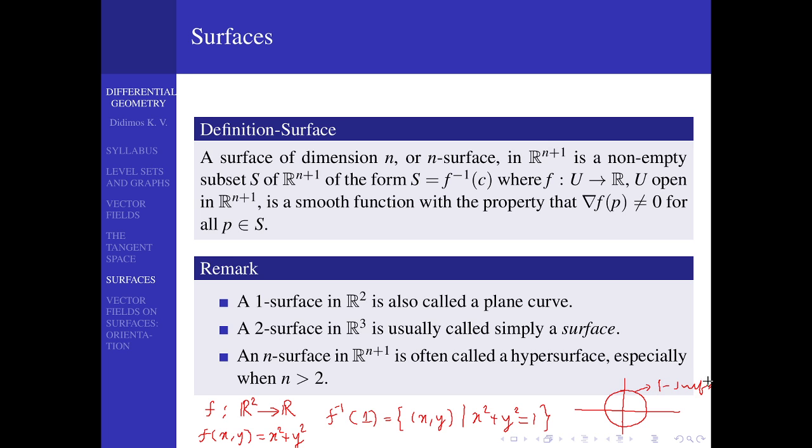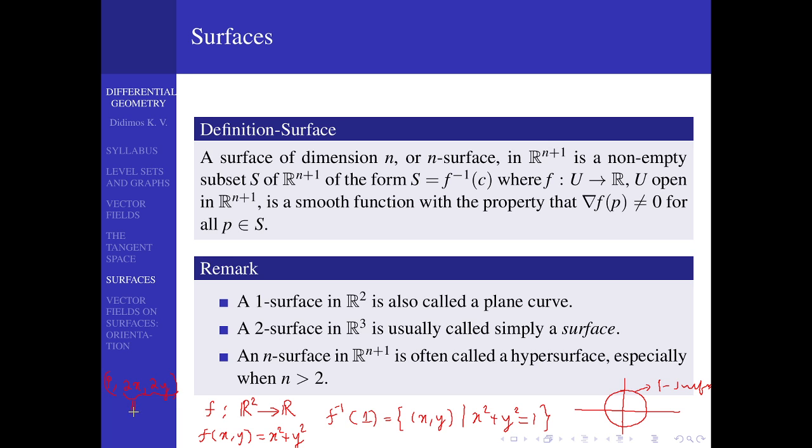In order to verify that this is a one-surface, we need to verify that del f(p) is not equal to 0. First of all, you need to compute del f(p) from this f(x,y). Del f(p) is nothing but, at the point p, we assign ∂f/∂x, that is 2x, and ∂f/∂y, that is 2y. So this constitutes a vector del f(p). Del f(p) being non-zero means this vector should be non-zero.